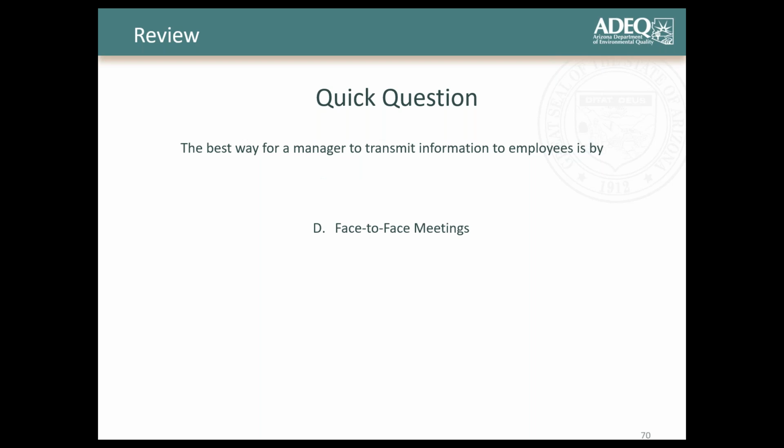So the best way for a manager to transmit information is definitely by face-to-face meetings, right? You want to have that face-to-face. It's really hard, and I've had managers in the past that were non-present, and some that were extremely present. I will tell you that I still work for the best boss I've ever worked for.